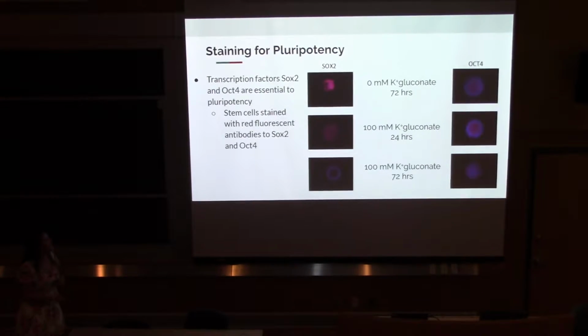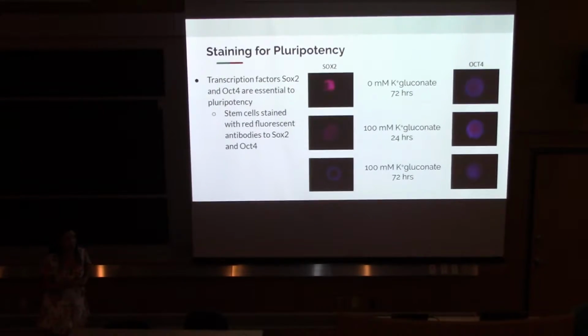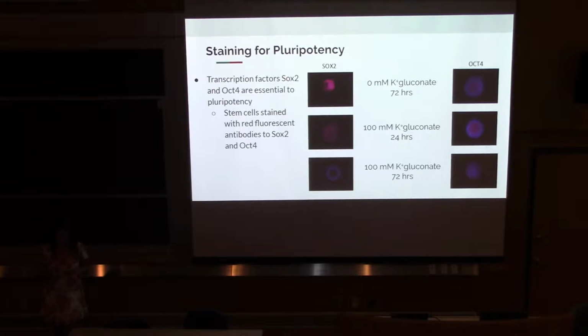So we stain these stem cells with red fluorescent antibodies to SOX2 and OCT4. And then also stain DNA with blue fluorescence in order to just guarantee the presence of our cells. And again, we use 0 millimolar potassium gluconate as our reference. And we observed our stem cells in 100 millimolar potassium gluconate 24 and 72 hours after staining.